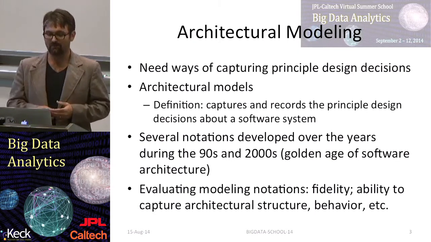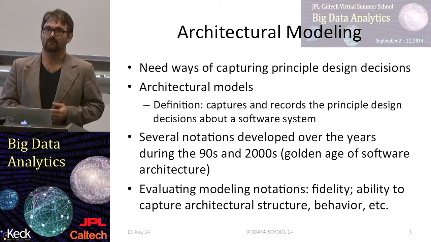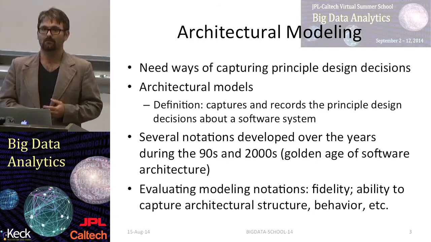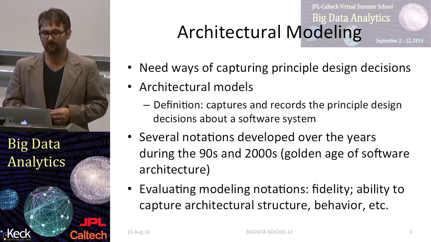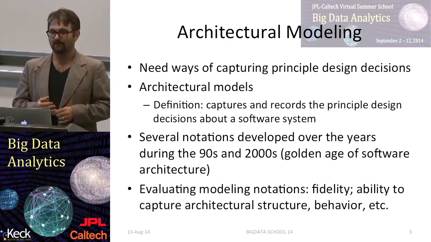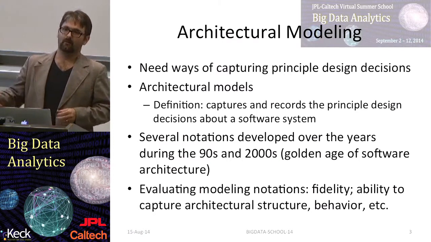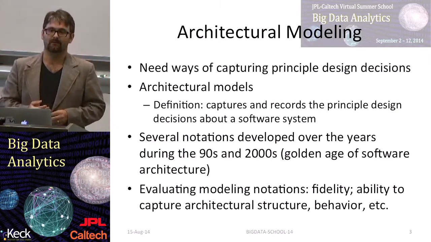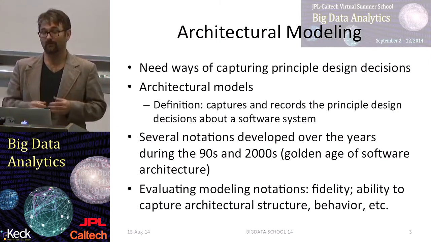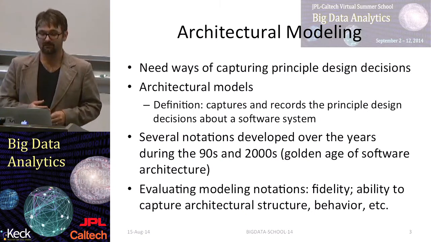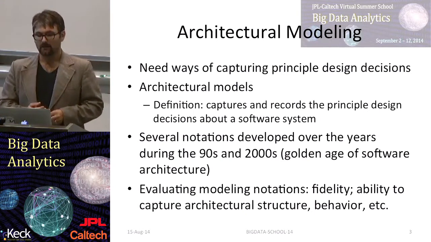The UML was the unified one. It was pioneered by Grady Booch and a number of other folks who were thinking about how to model software back in the day. UML is by far the most prevalent architectural modeling notation you might be familiar with. It's also by far not the best, and it has its issues and problems, and we'll potentially talk about some of those depending on how much time we have.